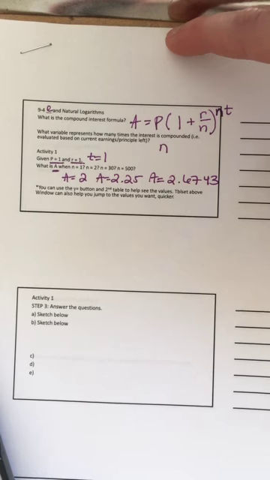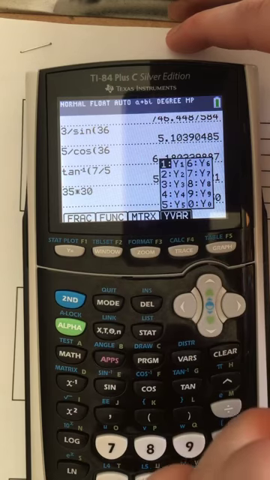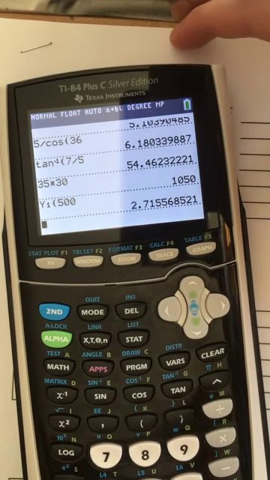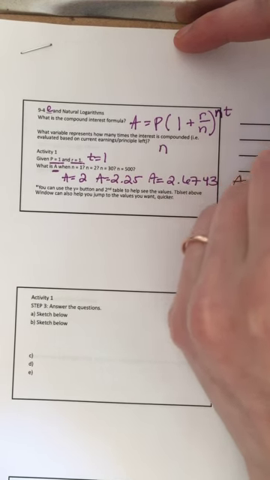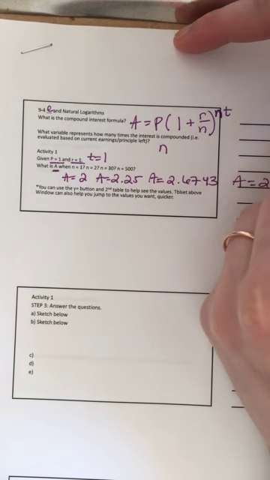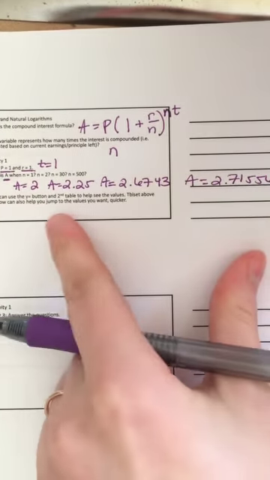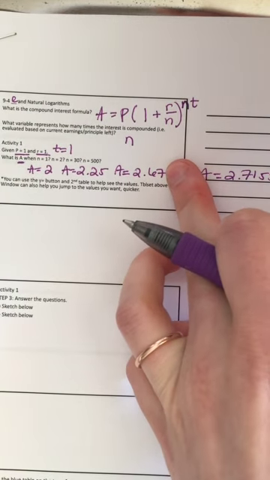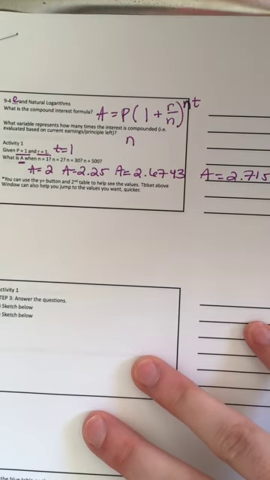And then if I go to 500, another way to do this would be if I used my shortcut to get Y1, and I put in the 500, then I'll get out 2.715568521. Just for the purpose of this activity, yes, I'm putting out all the decimals, even though if we're dealing in money, you would drop it off at just the hundredths place. So you can use the Y equals button and second table, which we did.